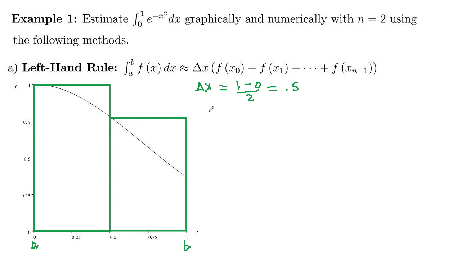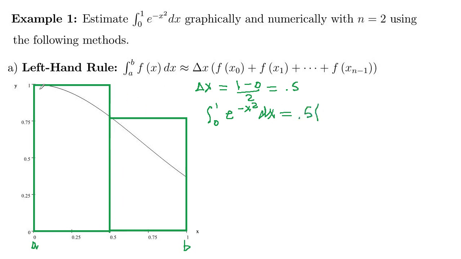So I can approximate my integral. So my integral from 0 to 1 of e to the negative x squared dx. Graphically, I can add up base times height for the two rectangles. So I can approximate my function values. I've got the delta x exactly, that's 0.5.